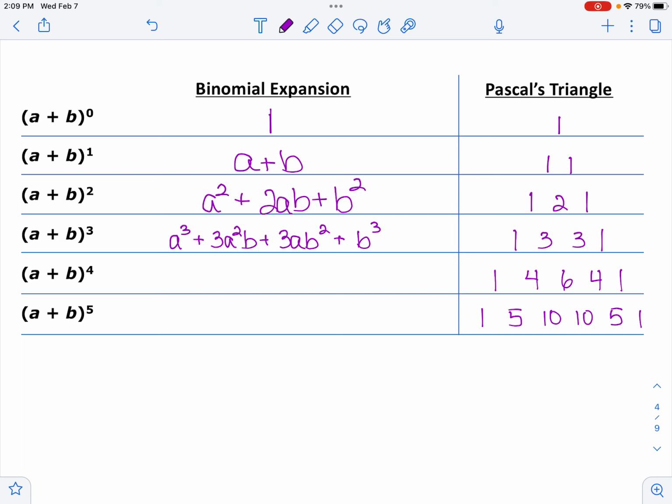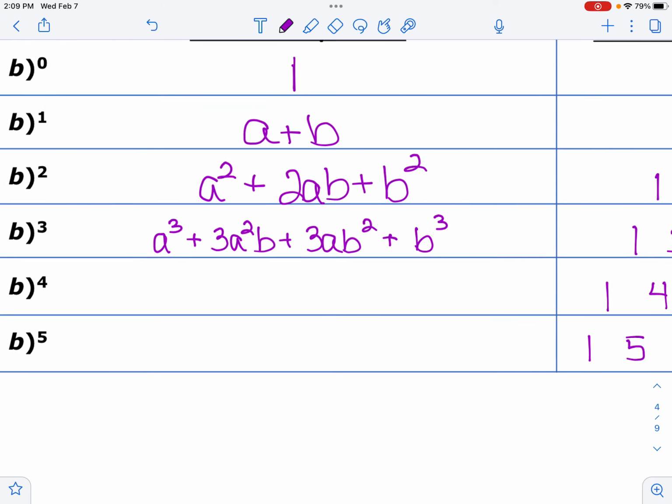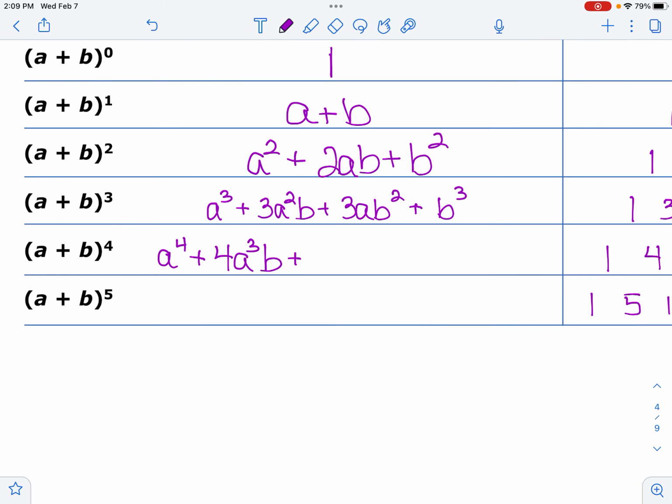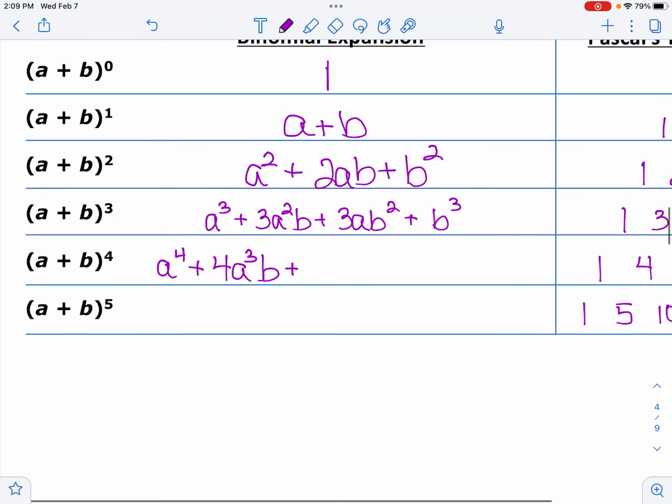And then we're going to see if we recognize a pattern. So a plus b to the fourth power would be this.